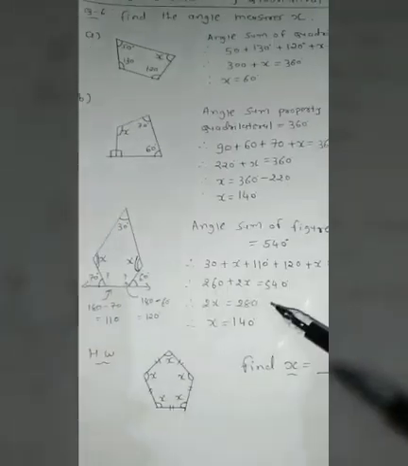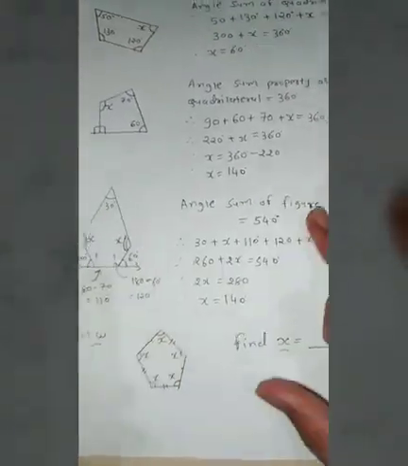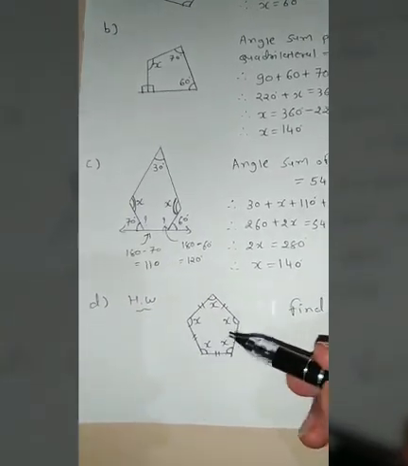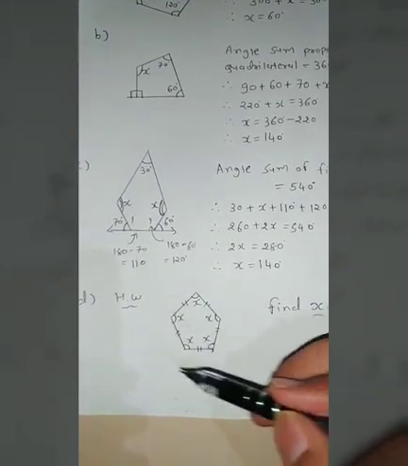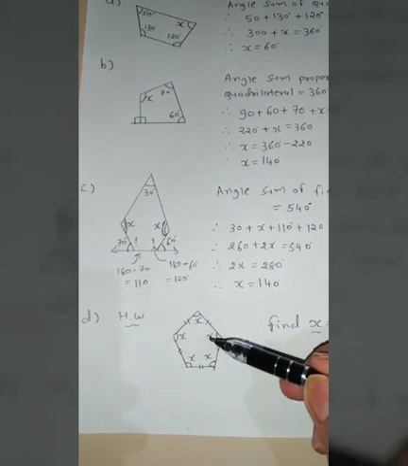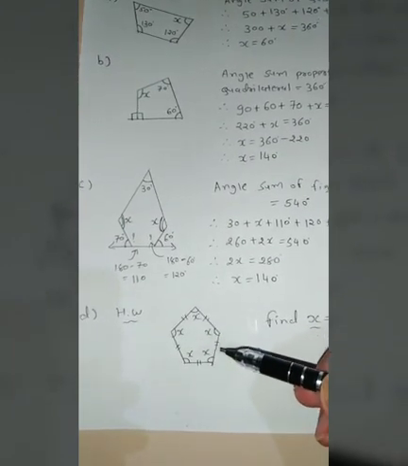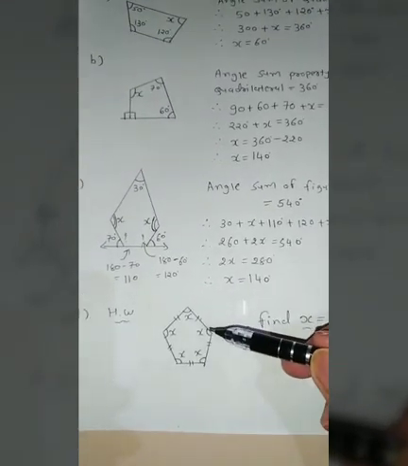In this way we can find the value of any unknown angle. Let's try another. In this figure I give one hint. This is for your homework, but I give one hint. Here the angles are the same and the sides are also the same. So first of all take n is equal to 5.